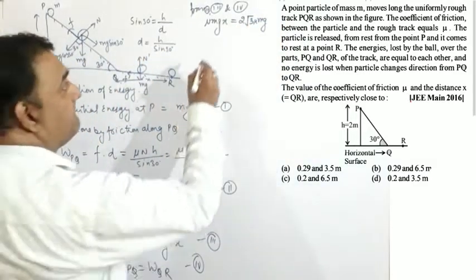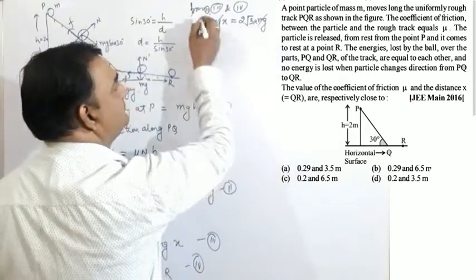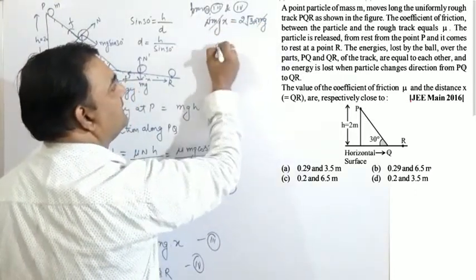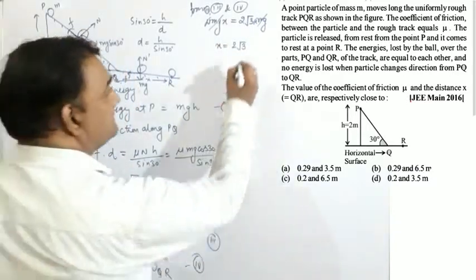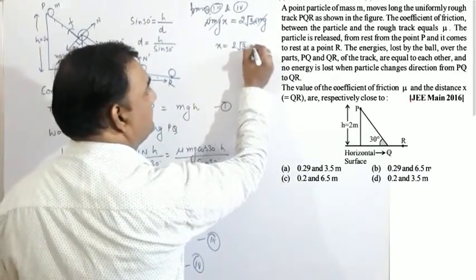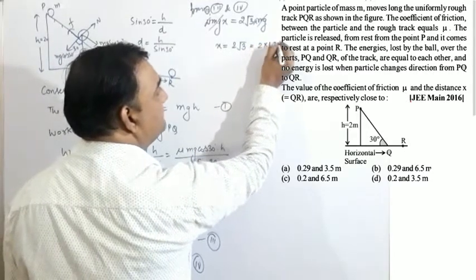So cancelling mg and mu, we get x is equal to 2 root 3, that is, we can say 2 into 1.73.